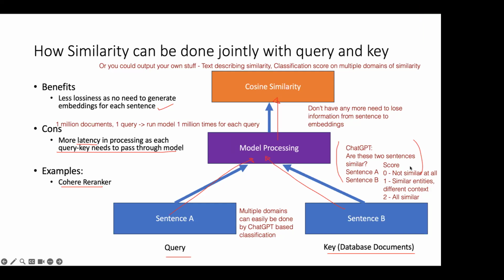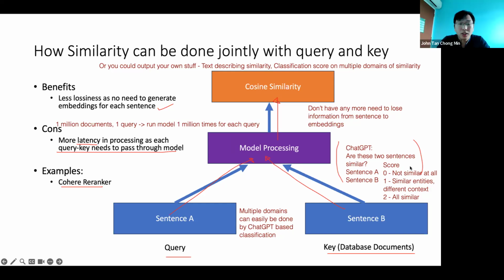Hey, sorry, John. So I'm trying to understand. Sentence B is the whole document, and sentence A is the query? It depends on how you define it. For example, with the Cohere Reranker, sentence B will be like 20 documents or a selection of documents, and they do one-time processing to get the similarity scores for all the documents.